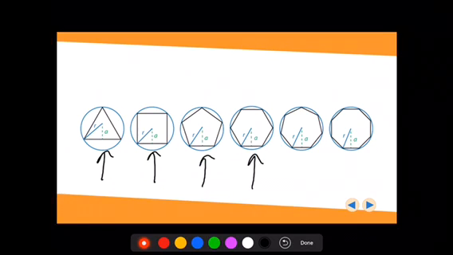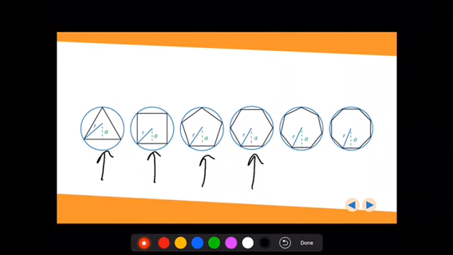There's still always a radius, and there's always an apothem. But look what's interesting about the radius of all of these different polygons. It's approximately the same no matter where you're at in this particular circle. But you can see that the apothem gets a little bit longer.